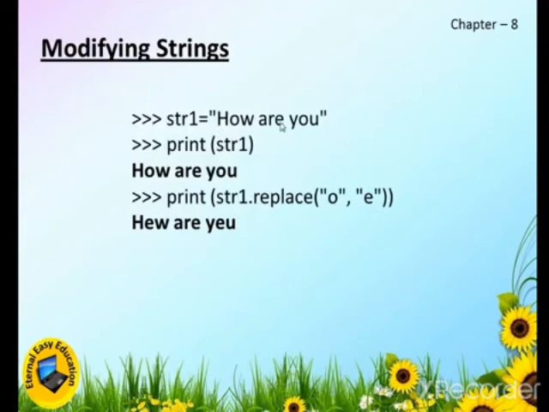Replace means, if it is how are you, here they are saying str1.replace O to E. There are two O characters, so both will be changed to the new character.